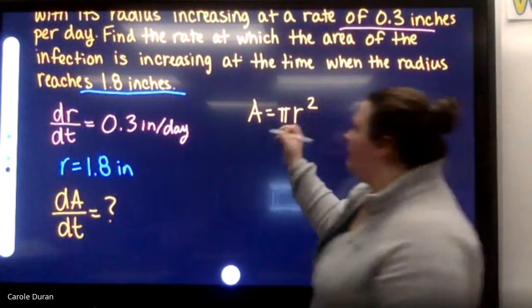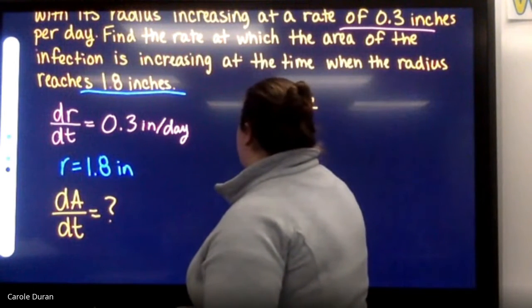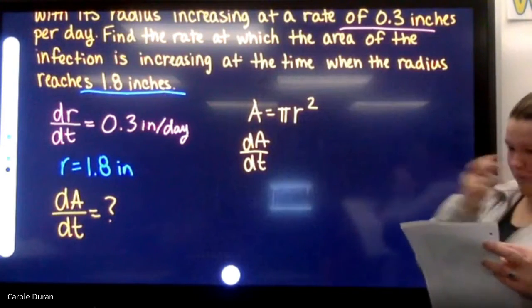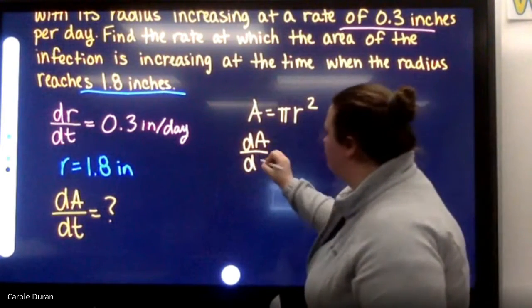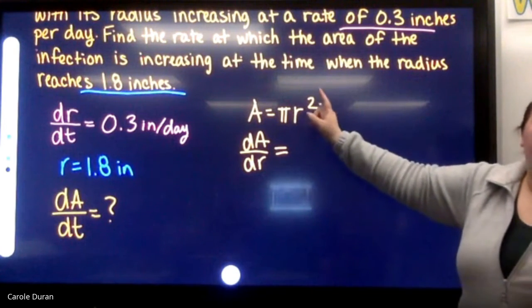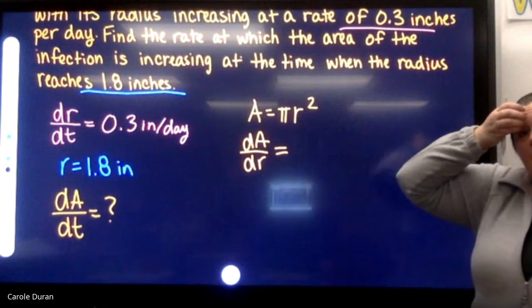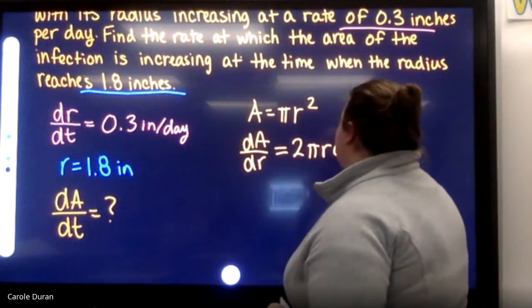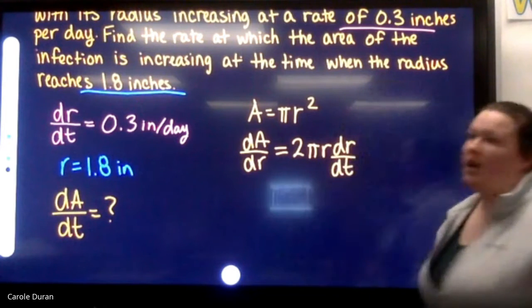So the derivative of A is going to turn into dA dr, I said that wrong. Equals, what's the derivative of pi r squared? 2 pi r, and then dr dt, because I took the derivative of r.